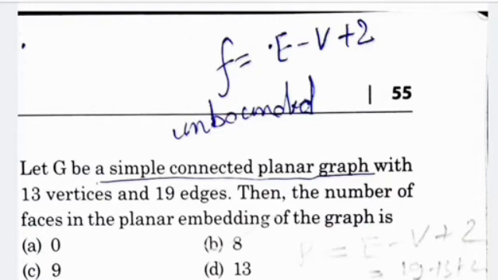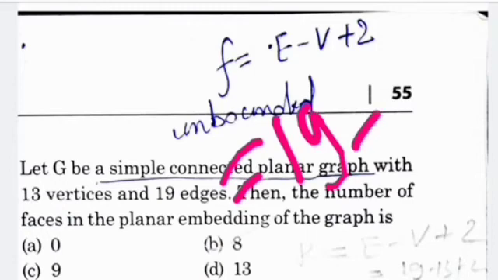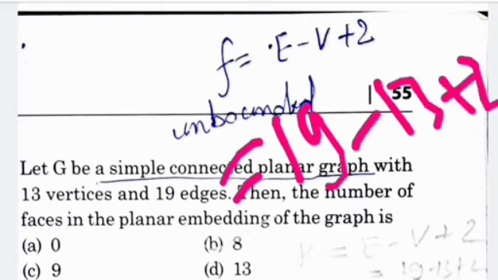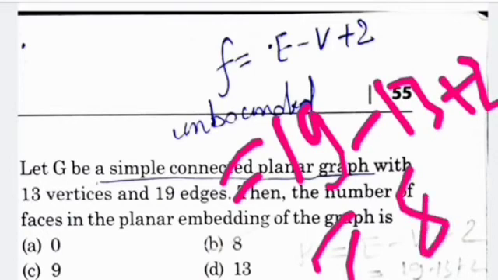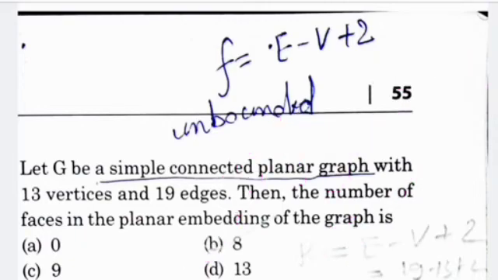In the case of a planar graph, the number of faces is f equal to e minus v plus 2, where e represents edges and v represents vertices. Just putting in the values here, 19 minus 13 plus 2 is equal to 8. So option B is your correct answer. Now come to the next question.